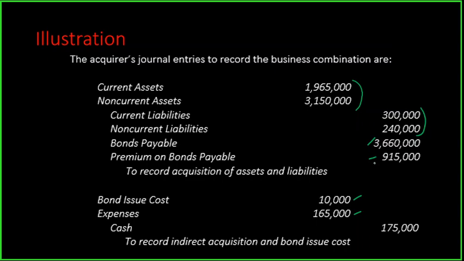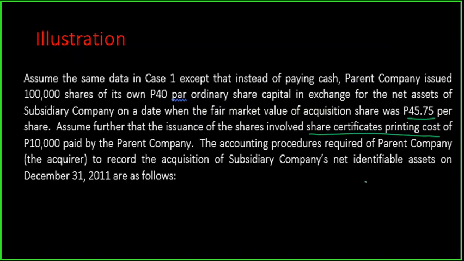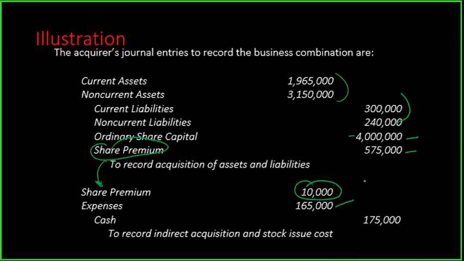If your expenses are related to the issuance of bonds, it will be treated as a debit to bond issue cost. But if it is related to the issuance of stocks, it will be treated as a deduction to your share premium. So, I guess that's it.